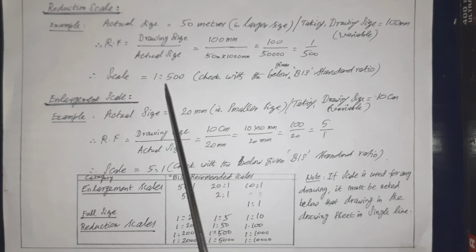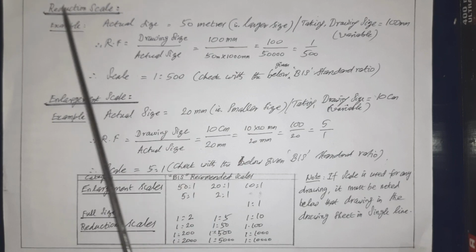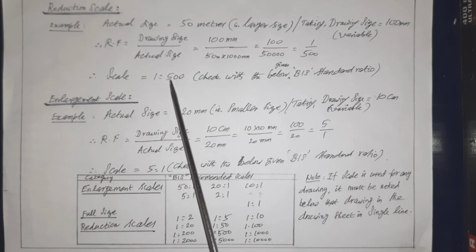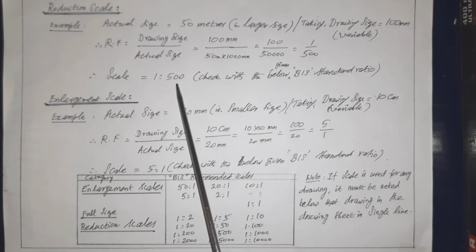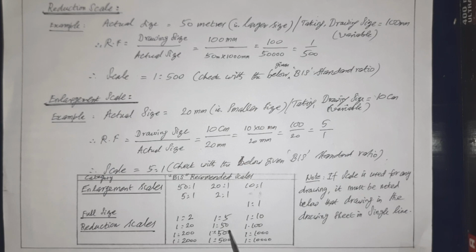So this scale we have used as a reduction scale. But before that, another step is there: this ratio should be compared with the recommended BIS scale values, and then only we have to decide. Here you see the reduction scale, referring to the table, 1:500 is there. So here reduction scale 1:500 is one of the BIS recommended scale sizes available.